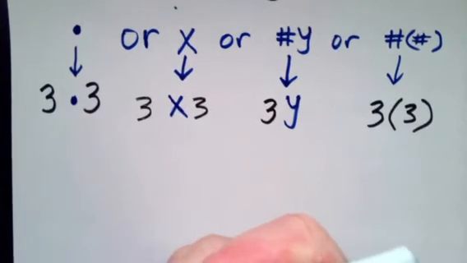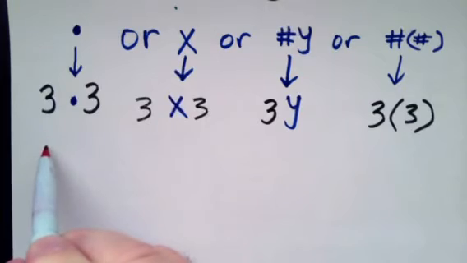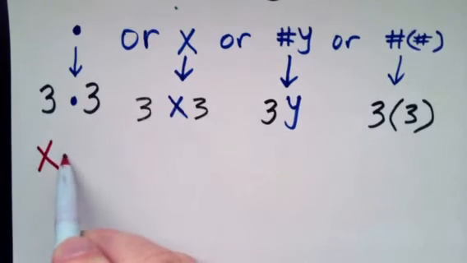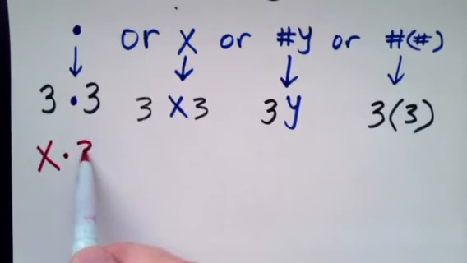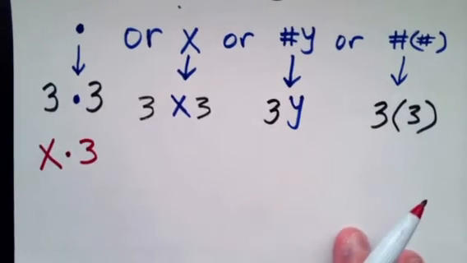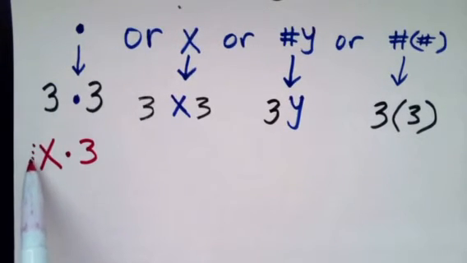So I'm going to use x times 3. So x times 3, remember, hey, there's that invisible 1 in front of the x. What's 3 times 1? And you can't forget that x value.